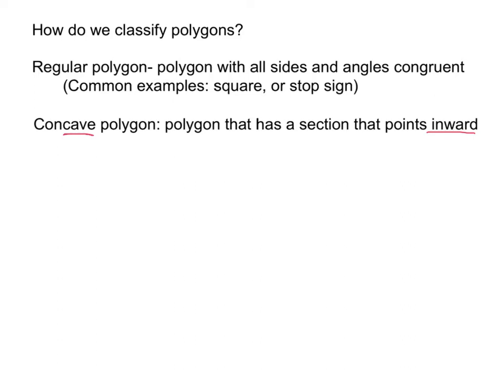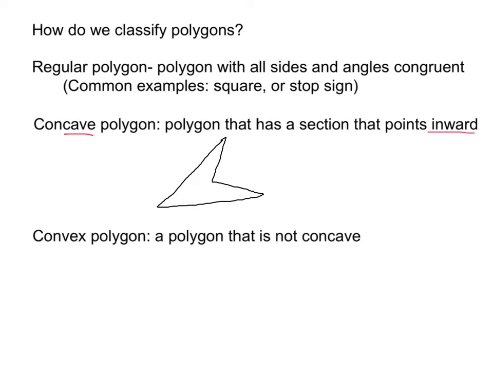An example drawing of this would be the following quadrilateral. Notice that every single part seems to point outward, except right here. Because this points inward, we call this a concave quadrilateral. And of course, this definition of concave polygon is not very mathematical. It's just what makes sense in common words.